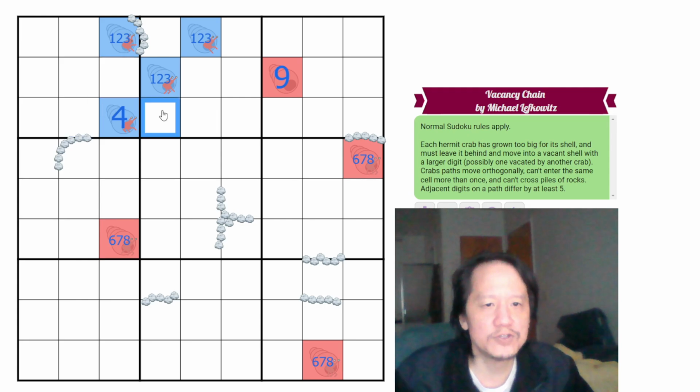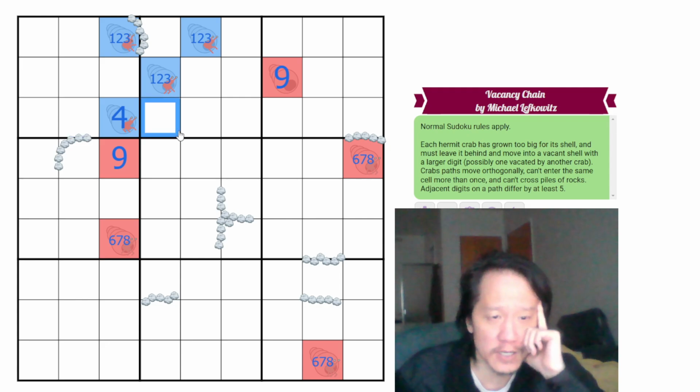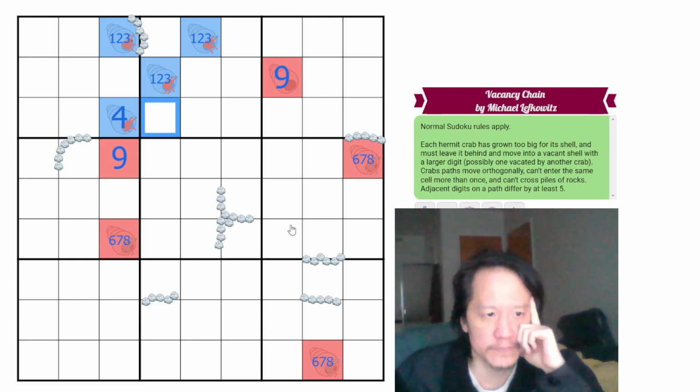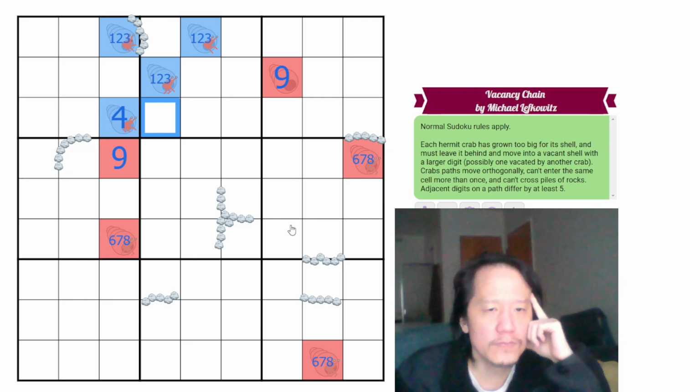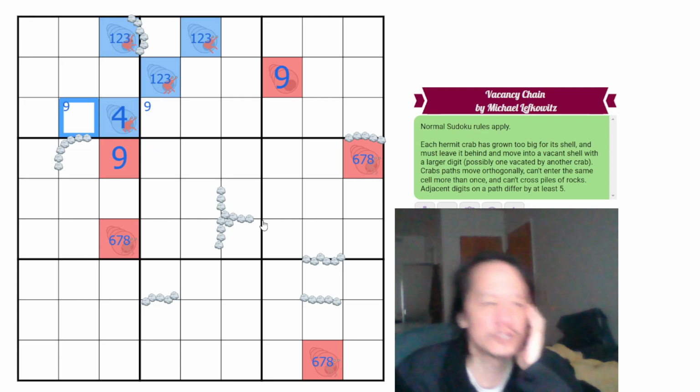So one of these two is 9, and therefore this is always 9. So this is always 9 here. One of these two is 9. We're not sure which. So either this is 9 or this is 9. We're not sure which.